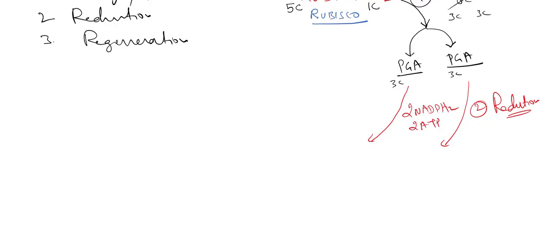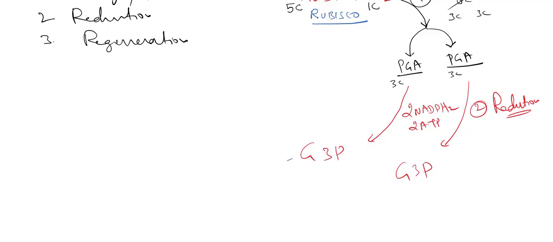If light reaction doesn't occur, then dark reaction will not occur. In the second step, there will be trouble. So now both the PGAs undergo reduction and become glyceraldehyde 3-phosphate, G3P and G3P. Both are 3-carbon molecules.